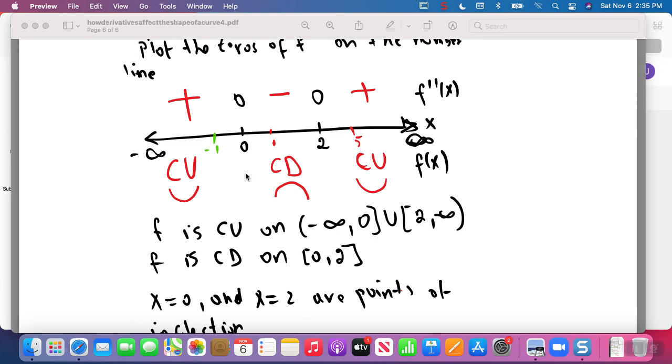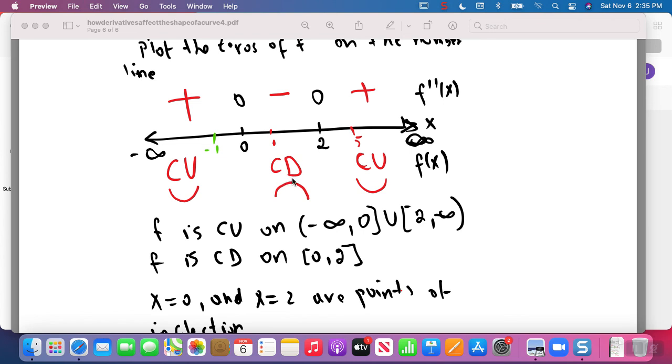So that makes x equals 0 a point of inflection. Similarly, there is a change of second derivative sign from negative to positive at x equals 2. So that makes x equals 2 a point of inflection.